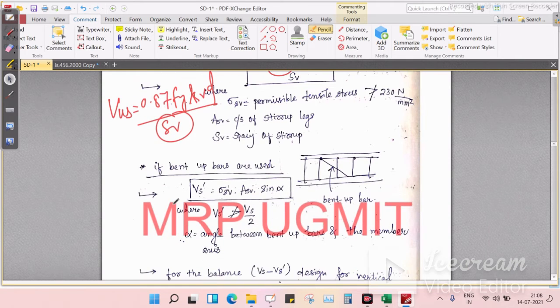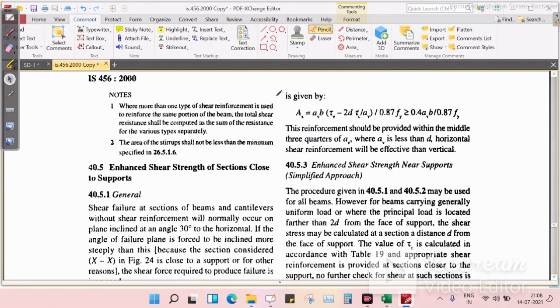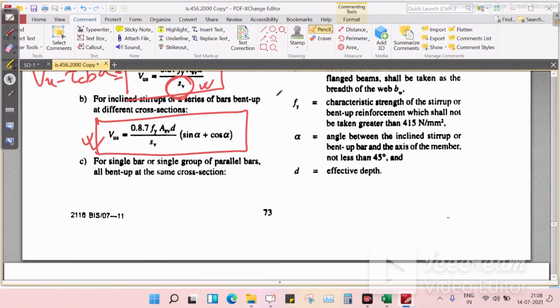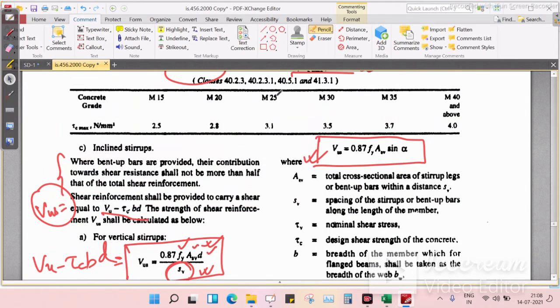If bent up bars are used, this is the formula. The formula is given here: 0.87 fy ASV into sin alpha.